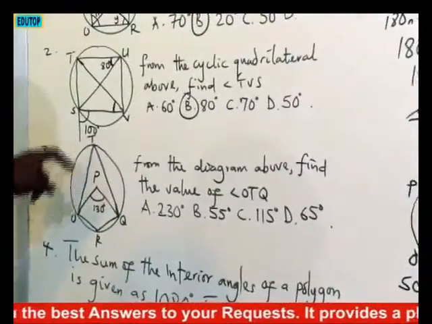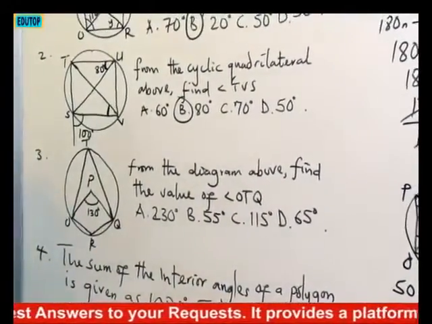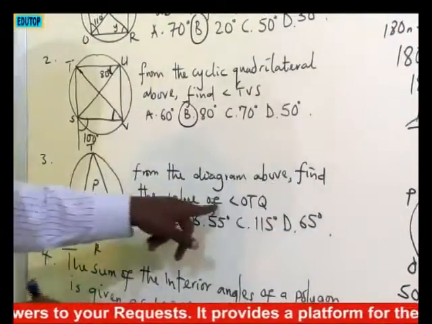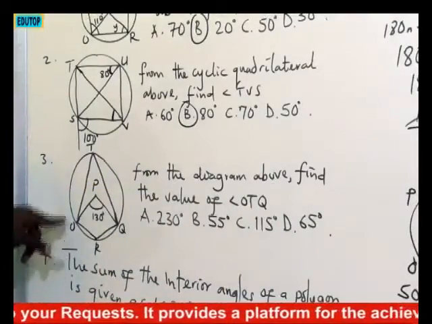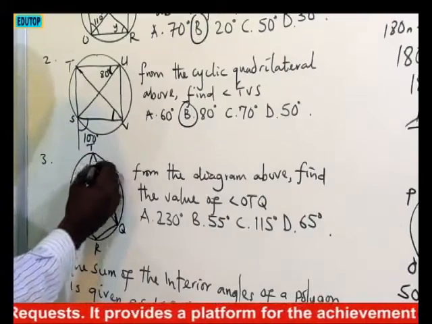Look at this. 1, 2, 3, 4. The 4 edges are touching the circle. From the diagram above, find the value of angle OTQ. So we are looking for this angle.